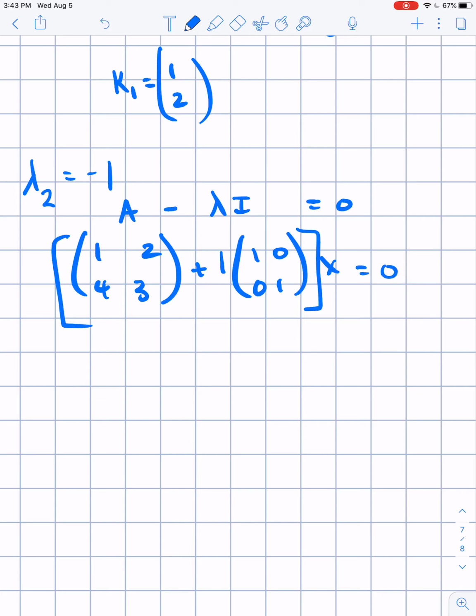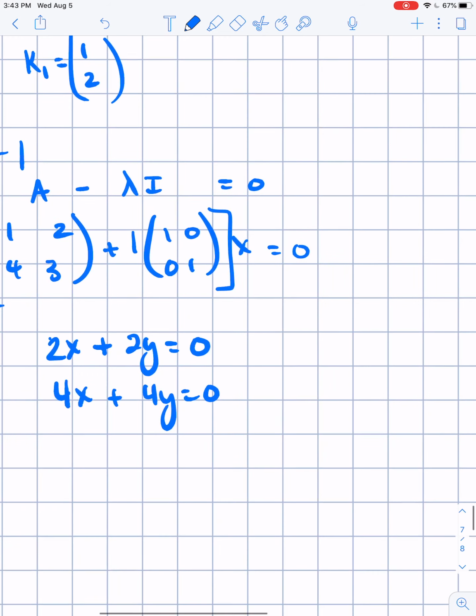So again, same idea. You're going to have 1 plus 1, so that's 2x plus 2y equals 0, and then you'll have 4x plus 4y equals 0, and you should see these are scalars of each other.